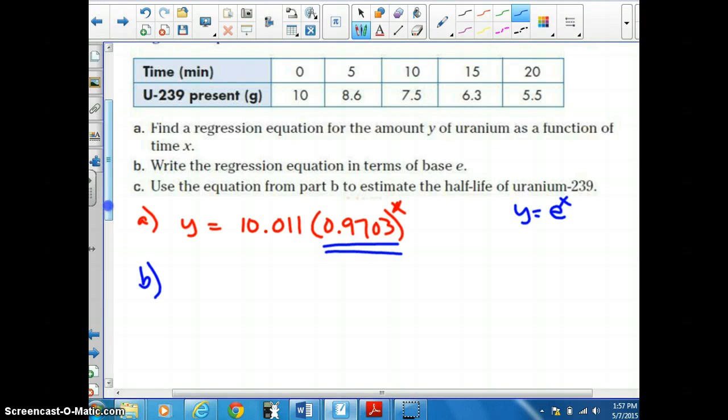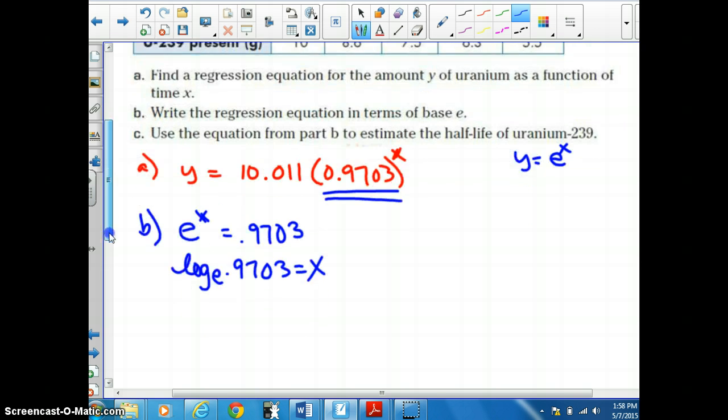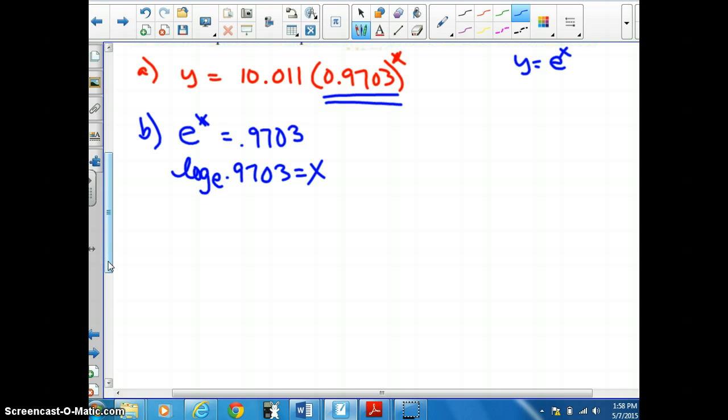So to do that, we want e to the x to equal 0.9703. And I'm going to put that in log form so that I have log base e of 0.9703 is equal to x. Remember that log base e is the natural log.